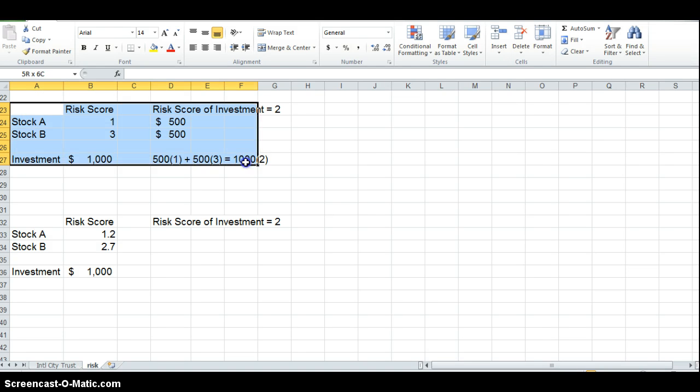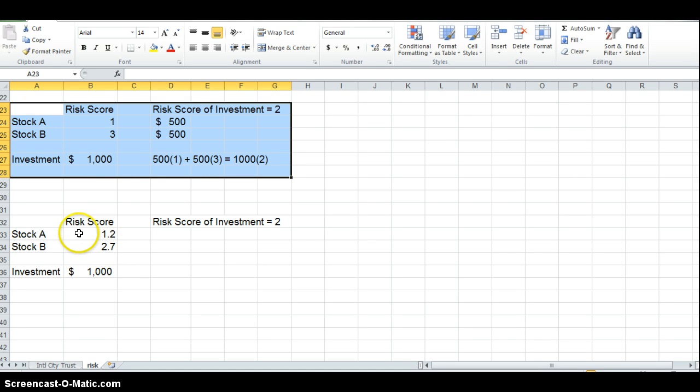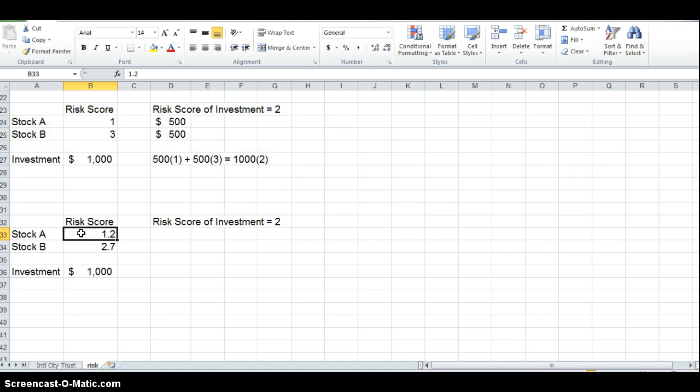I left our original example up here, the easy intuitive example, but now we have risk scores of 1.2 and 2.7. How would we solve for that? We're going to take however much we're going to invest in stock A and multiply it by the risk score of 1.2, plus however much we decide to invest in stock B, multiplied by the risk score of 2.7.